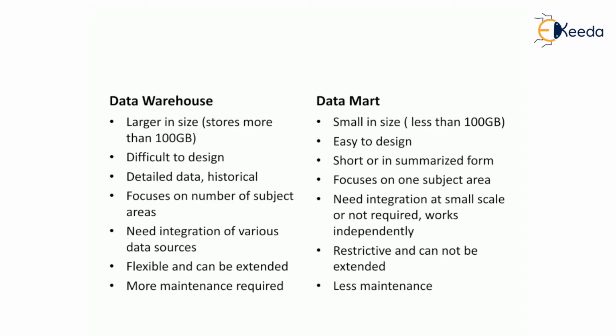As we know, the data mart is a subset of the data warehouse, and it stores a very small portion of the data warehouse. The data warehouse focuses on a number of subject areas, or there are a number of subjects involved with the data warehouse. On the other hand, the data mart focuses on only one subject area.